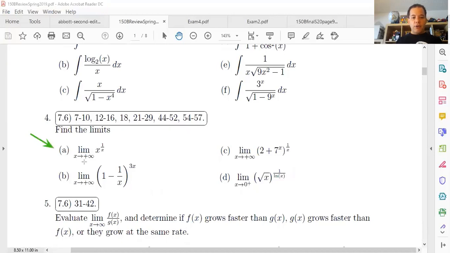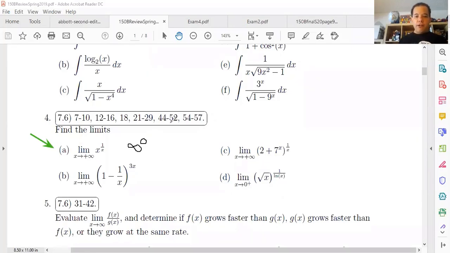If you take a look, when x goes to infinity, this number would be infinity. So when I try it, I'm going to get infinity, because x goes to infinity, and then to the power 1 over infinity. So that's to the power 0. Infinity to the 0, right? And that's one of the indeterminates, right?